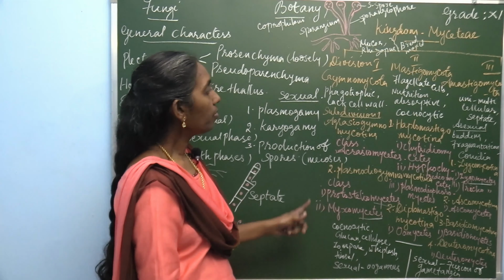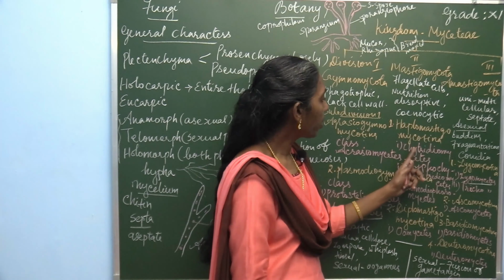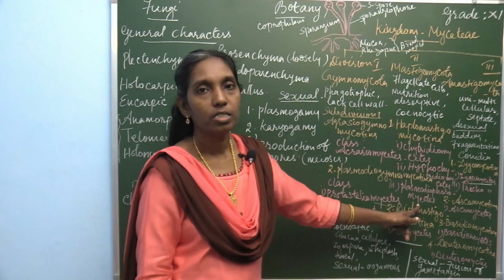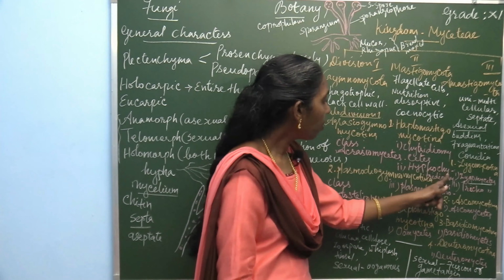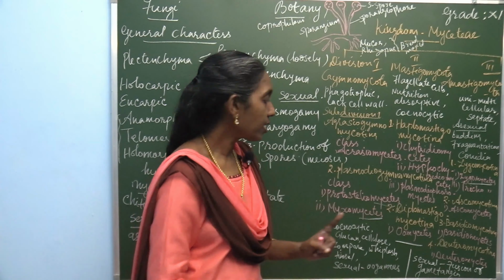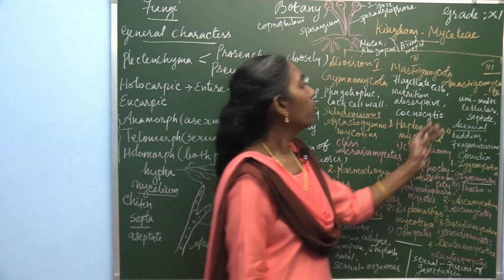Haplomastigomycotina is divided into three classes: Chytridiomycetes, Hyphochytridiomycetes and Plasmodiophoromycetes. Likewise, Diplomastigomycotina is divided into one class, that is Oomycetes.